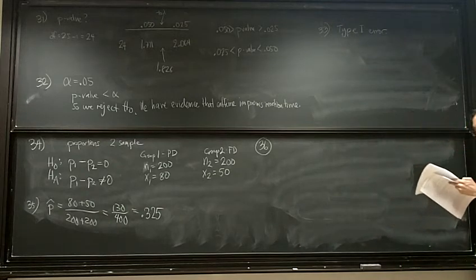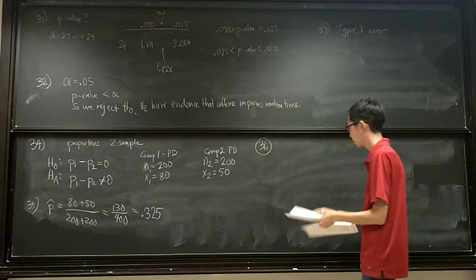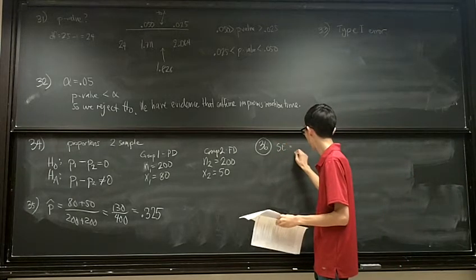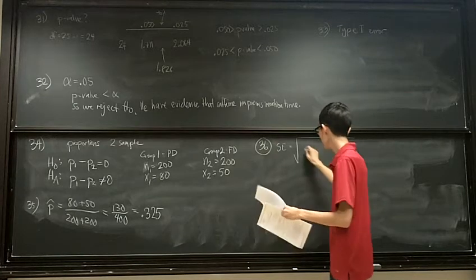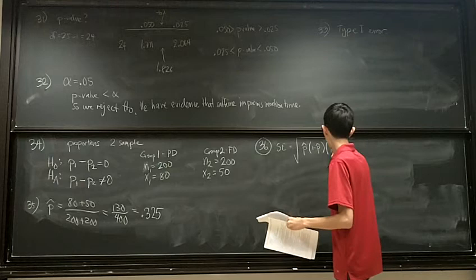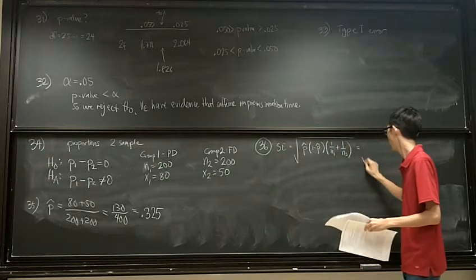Let's try moving on. 36. Calculate the test statistic. First we have to figure out our standard error. That's the square root of P hat times 1 minus P hat, times 1 over N1 plus 1 over N2.